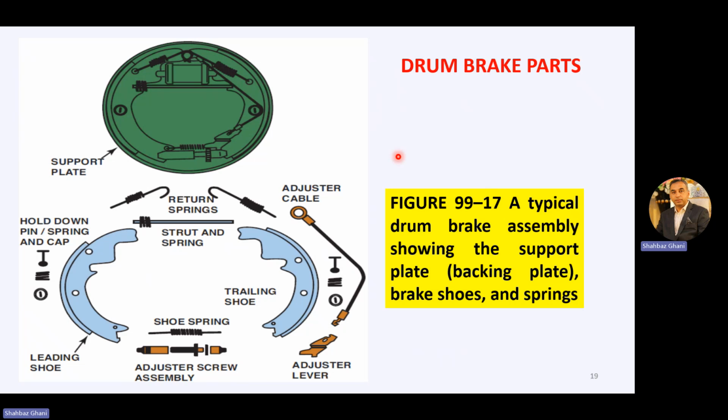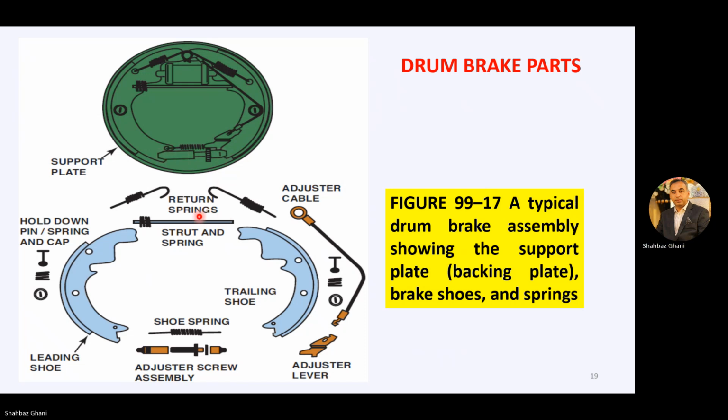Now, a typical drum brake assembly showing the support plate. This is the support plate, the back plate, the foundation plate. Then this is the leading shoe or the primary shoe, and this is the secondary shoe. This is the anchor position. This is the wheel cylinder, the return spring, the adjuster mechanism.